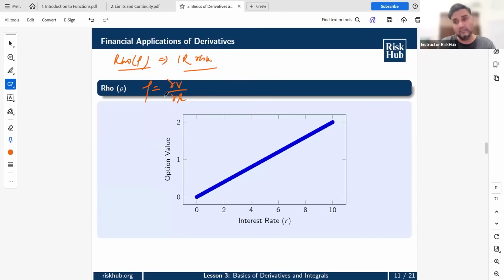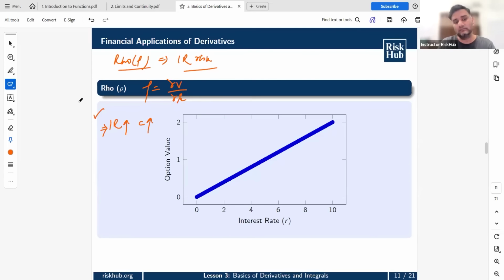If the interest rate increases, call option value usually increases. This sounds a little difficult to understand. Normally, people don't think like this. People think that when the interest rate increases, equity value will go down and the call option value will go down. But this is not so. It is very tricky to understand.